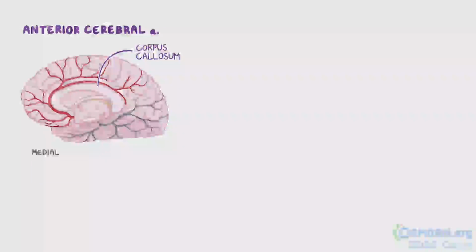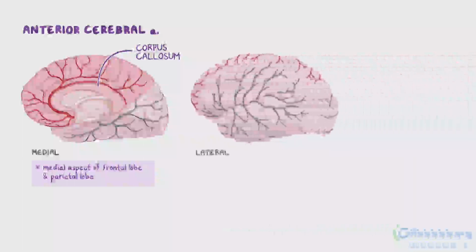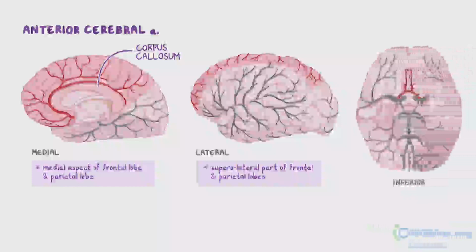Throughout this course, it supplies the medial aspect of the frontal lobe and the parietal lobe by giving off numerous small cortical branches. These cortical branches will also arch over the lateral aspect of the hemisphere and supply the superolateral part of the frontal and parietal lobes. The two anterior cerebral arteries on each side are connected through the anterior communicating artery, forming the anterior part of the circle of Willis.